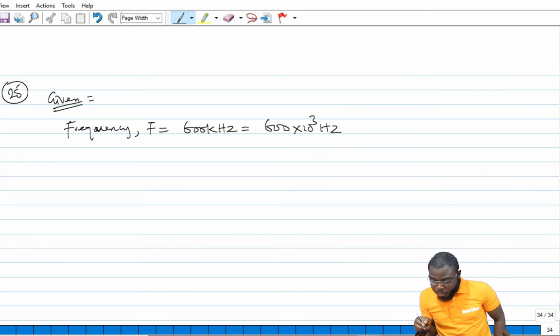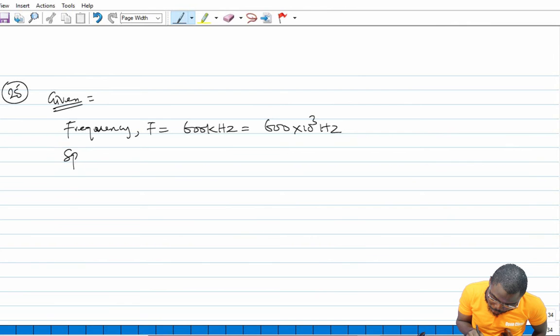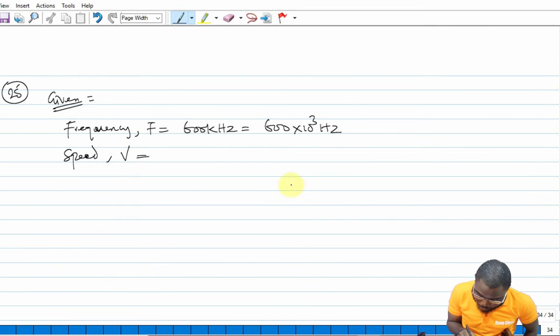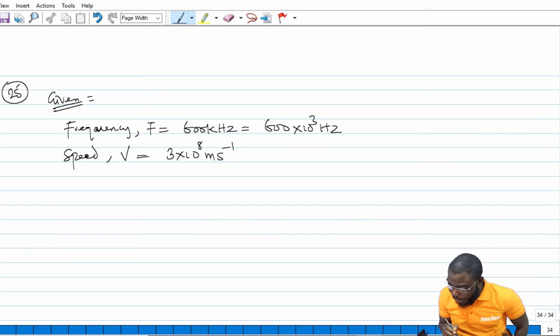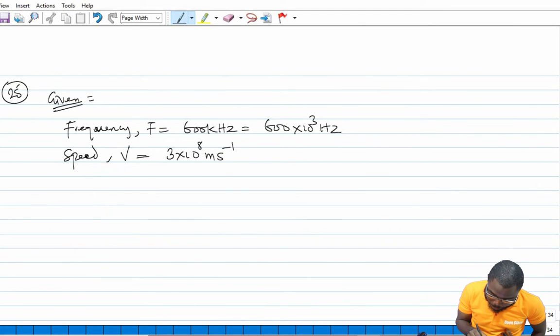Then the speed v is given to be 3 times 10 raised to 8 meter per second. So calculate the wavelength, denoted as lambda, which is unknown.